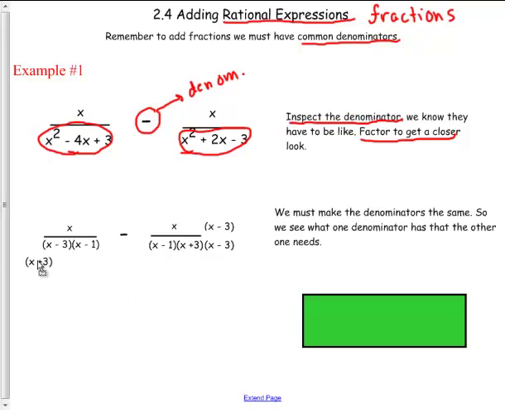So now I'm going to take and multiply this top one by x plus 3. So there, we have a common denominator. Both of them have x plus 3, both of them have x minus 3, and both of them have x minus 1. Sometimes this is called making soup. You know, you just take everything in the house, throw it in the soup, and hopefully it works out.